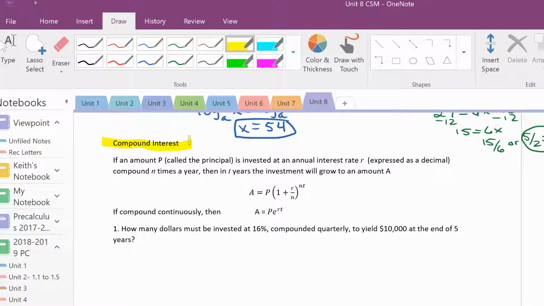So the amount of money you put in, the P, is called the principal. The amount of money that you end up with is the A. So P is the principal. That's your initial investment. A is the ending amount.